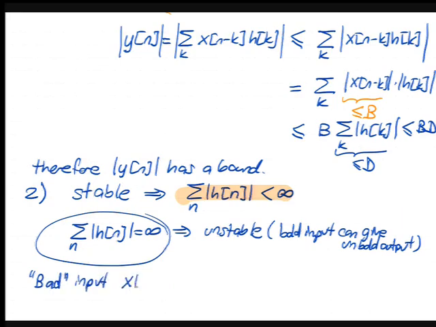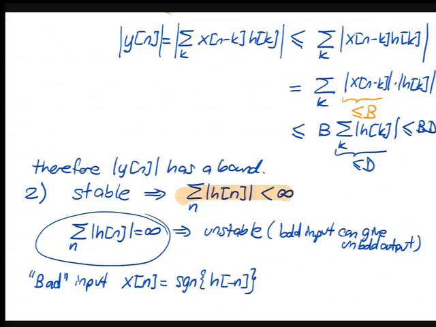Choose your x of n to be the sign of h of negative n. Okay, so I give you an h. I know that the sum doesn't remain bounded, and construct your input to be the sign of h of negative n. Right? Why did I construct it that way?